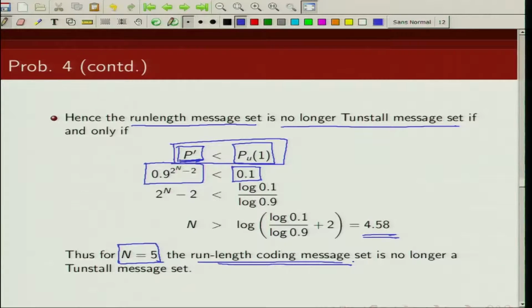So for n less than 5, that is n equal to 4, 3, 2, for those values of n, run length coding for this particular source is going to be a Tunstall message set, but for n greater than or equal to 5, for this particular source the run length message set is not going to be a Tunstall message set.